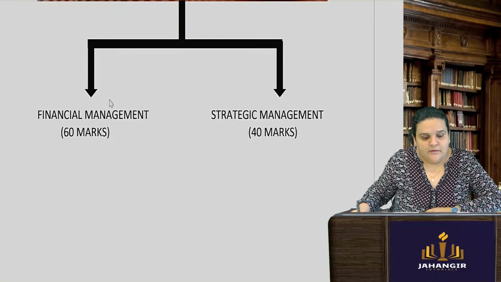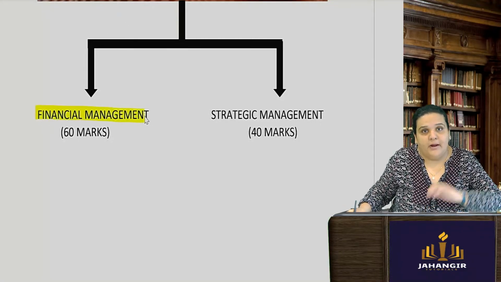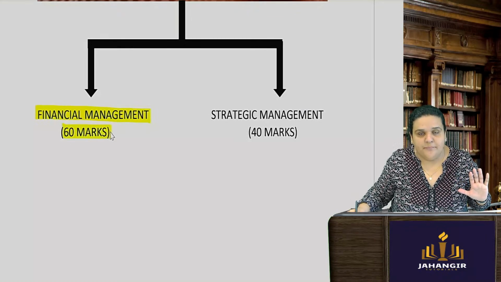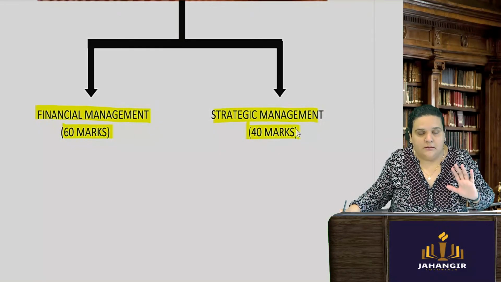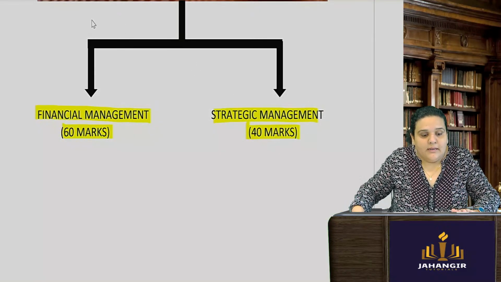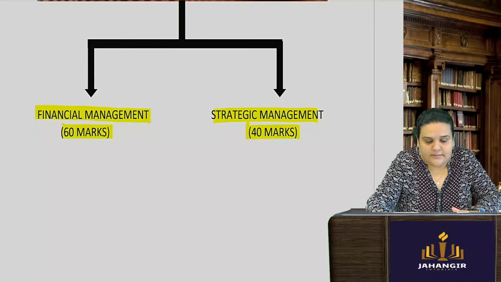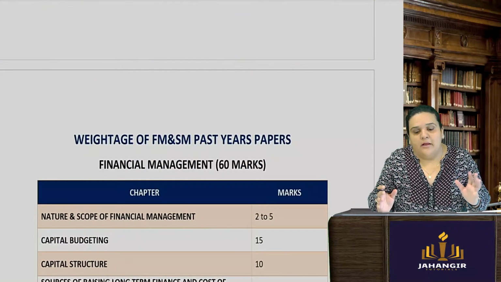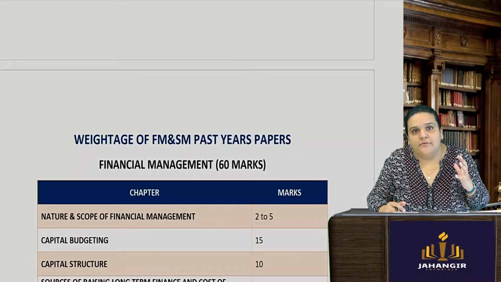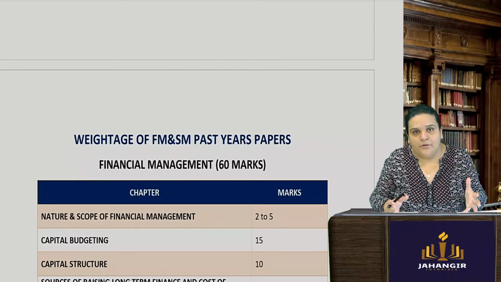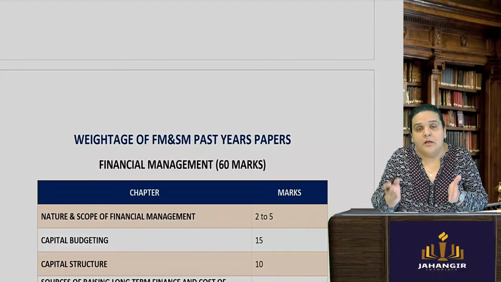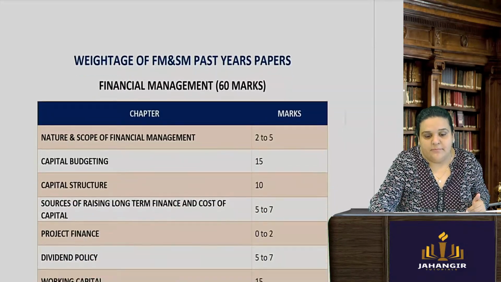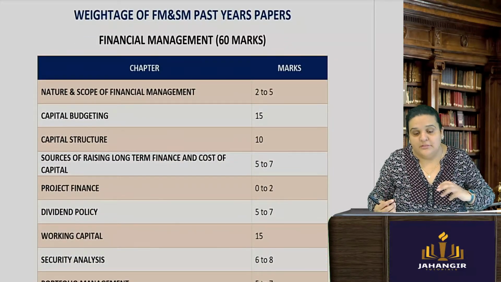Okay, let us first understand. We all know financial management part A is 60 marks, and strategic management is for 40 marks. Now in this there are various chapters which have importance. There are some chapters which are not that very important based on the past exam questions and papers which have been given by the institute.